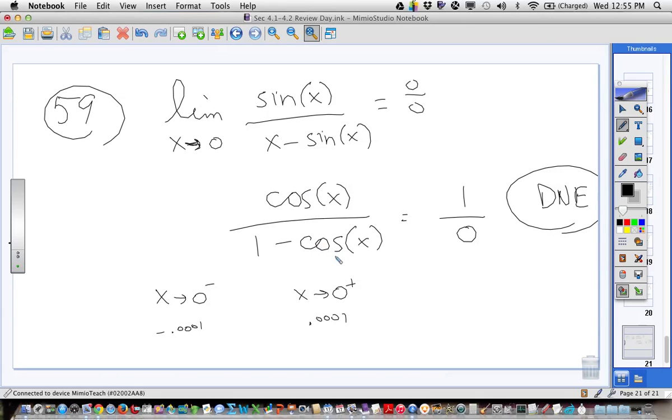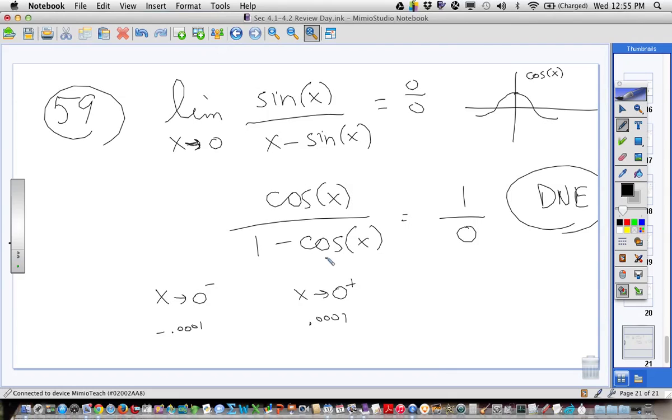Now, it's a little harder with cosine to plug numbers in. All we have to do then is think of a cosine graph. Here's a cosine graph. So, if I put an x a little bit to the left of 0, what is cosine of a little bit less than 0? A little bit less than 1, about 0.99 something.